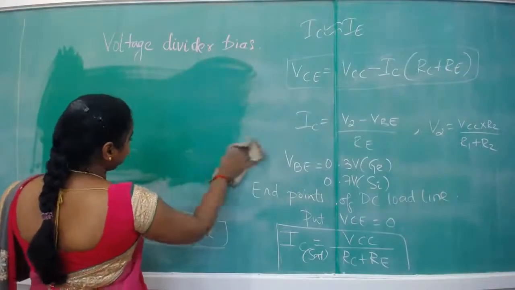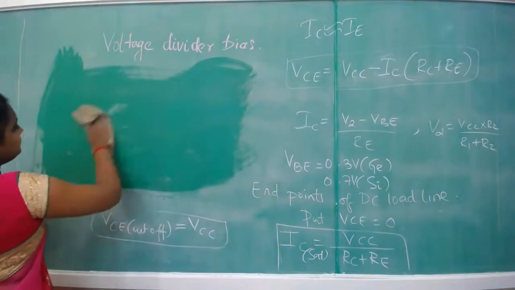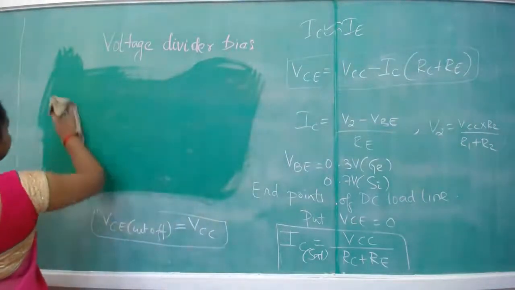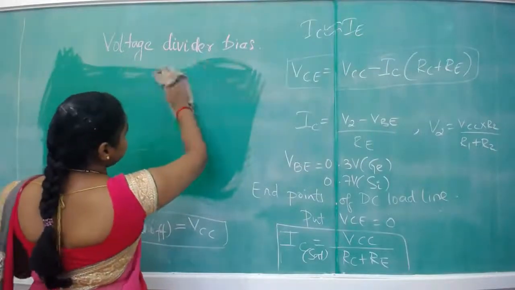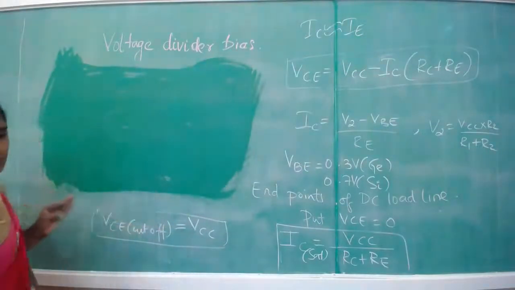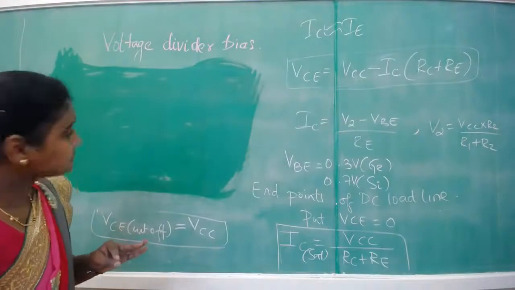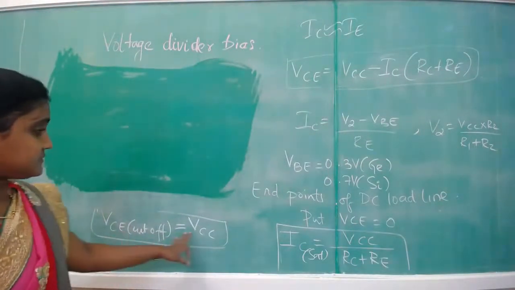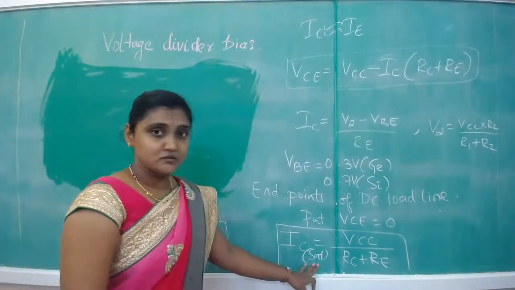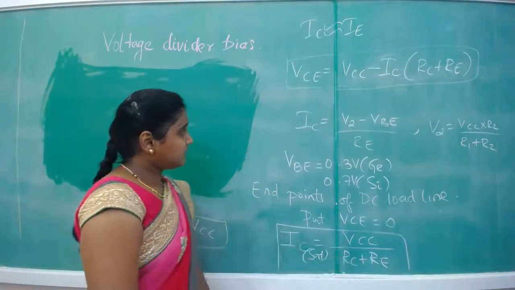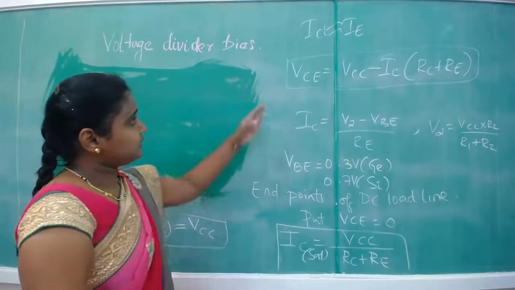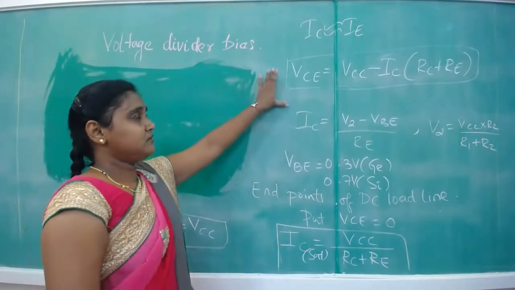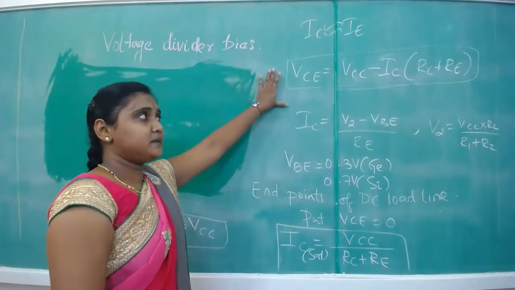After drawing the DC load line, we will find the coordinates of the Q point, that means ICQ and VCEQ. So this is the expression for VCE cutoff, that is VCC, and IC saturation endpoint VCC by RC plus RE, that we have found from the expression VCE is equal to VCC minus IC into RC plus RE.